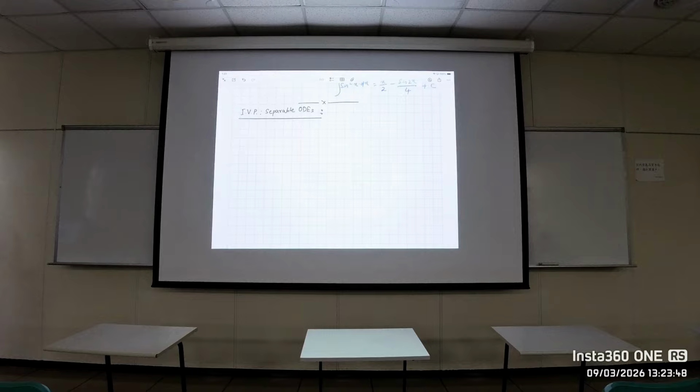So if we begin with this one, let's say question number 1 is x y dash plus y is equal to 0, and the initial condition is y(4) is equal to 6.